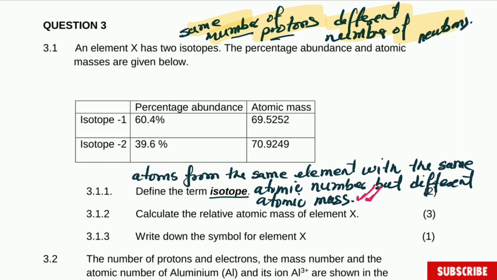Now for question 3.1.2, calculate the relative atomic mass of element X. All this can be done in one equation and it's quite simple. We are going to multiply the percentage abundance times the atomic mass.